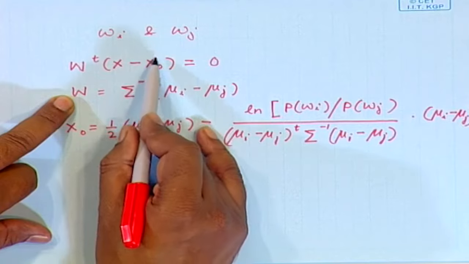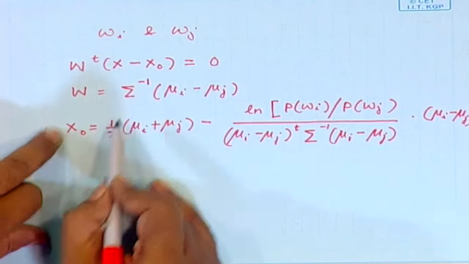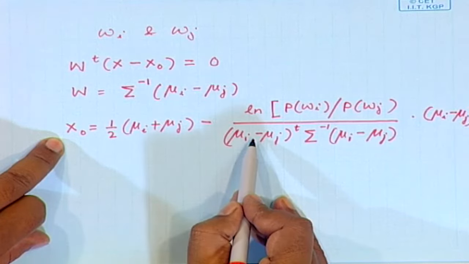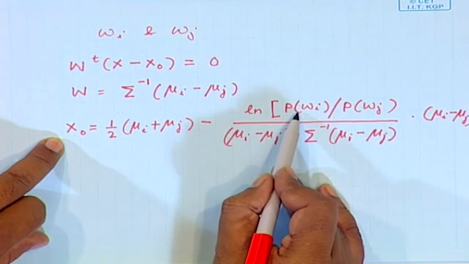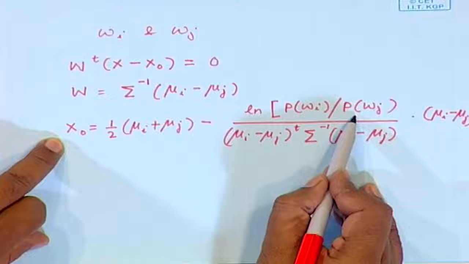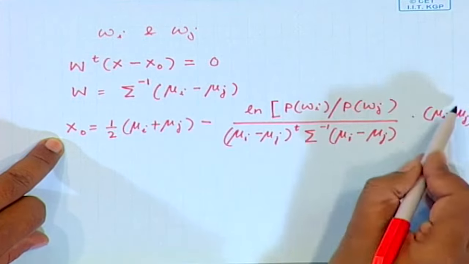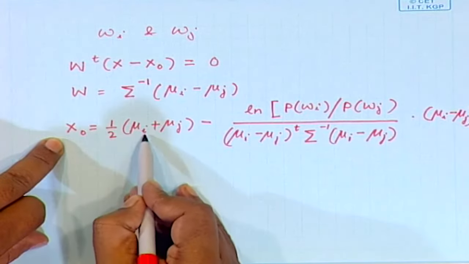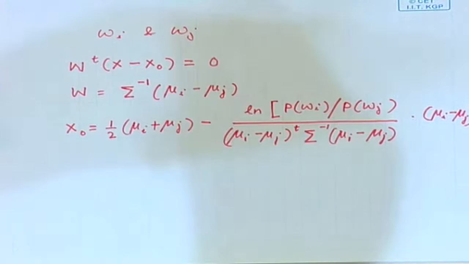But the decision surface passes through the point x_0, where the expression for x_0 is given by this. Here again, if P(omega_i) and P(omega_j) are the same, then this term becomes 0. When this term becomes 0, then x_0 is half of (mu_i plus mu_j). That means it is halfway between mu_i and mu_j.